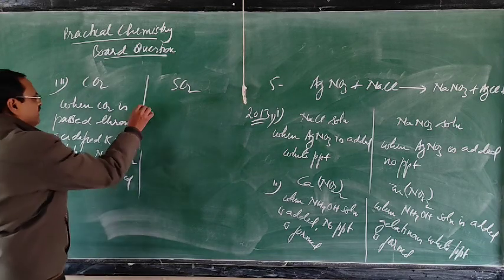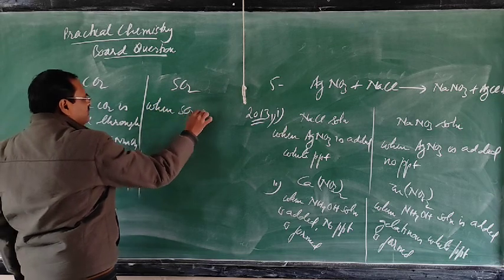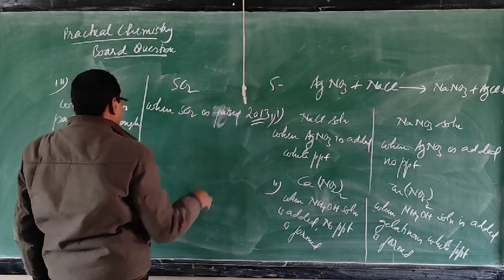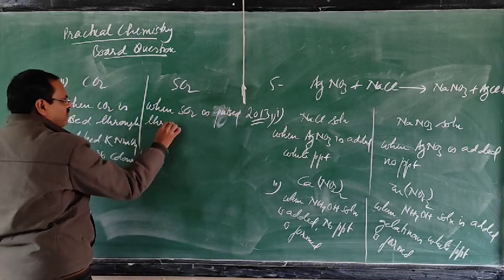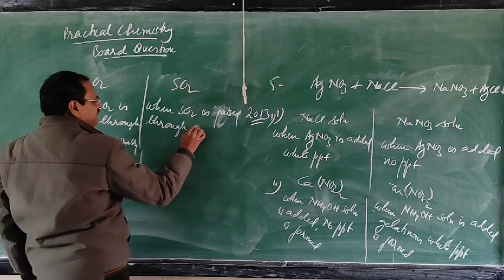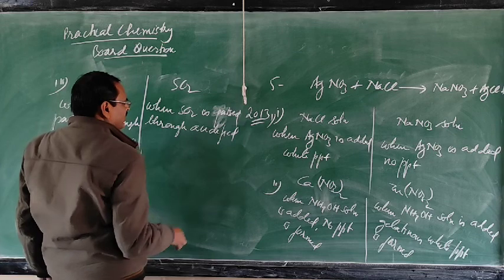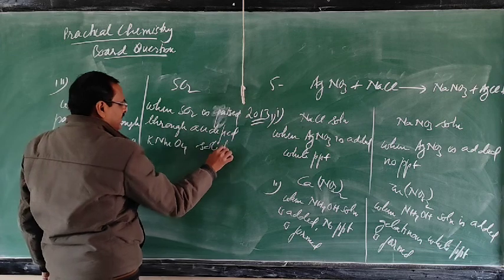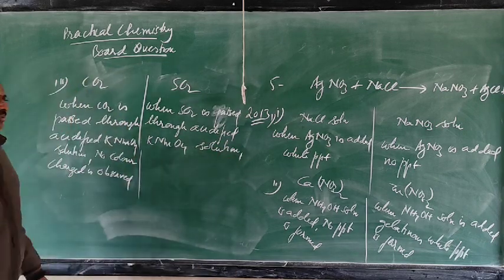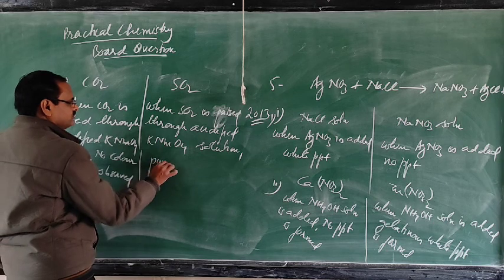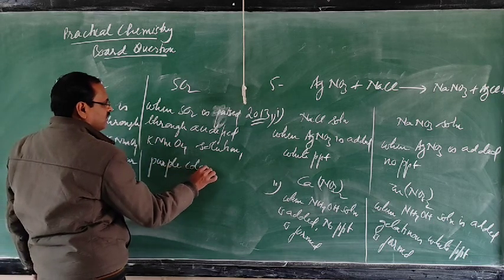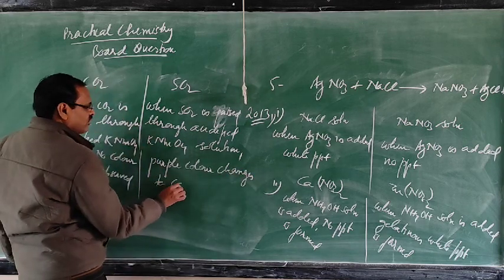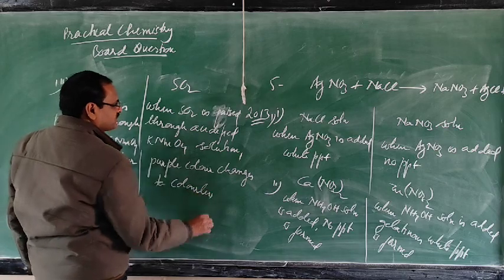When sulfur dioxide is passed through acidified KMnO4 solution, the purple color changes to colorless.